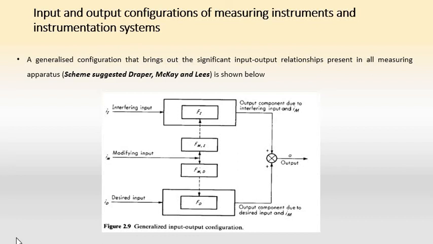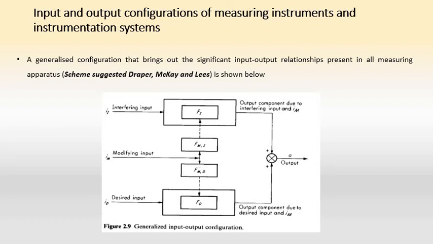For that purpose, we are analyzing our measurement system with a block diagram as shown here. This is a generalized input output configuration of any measurement system, and this scheme is suggested by three scientists, Draper, McKay and Lees.